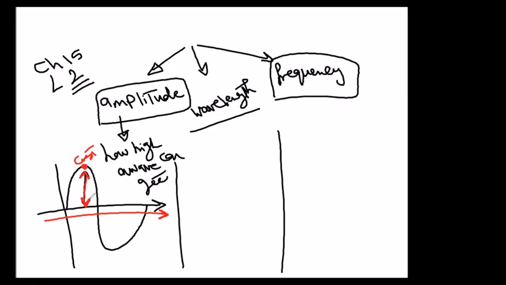So this distance is called, what do we call this distance? Guys, this is a question. What do we call this distance again? The one from the rest position to the highest point on a wave.